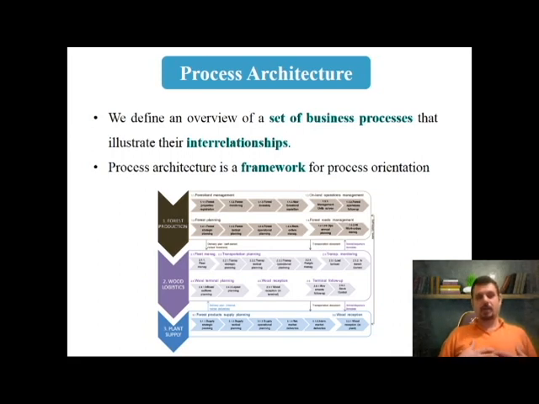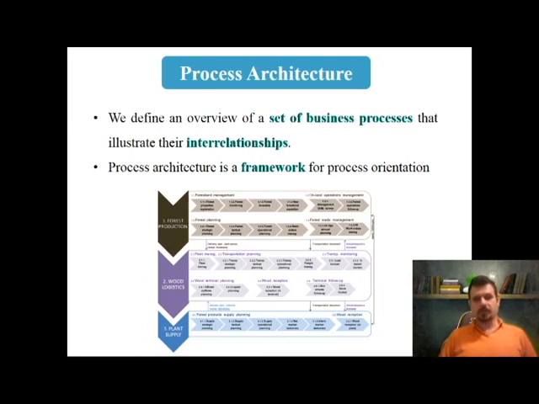Process architecture helps us define an overview of the whole set of business processes in an organization, and illustrate the relationships. As you know, our organization includes many processes, or we work in the context of processes. Almost anything we do is among the processes.